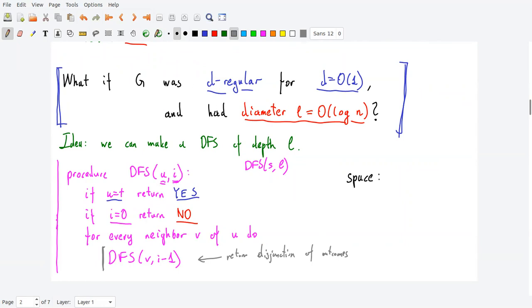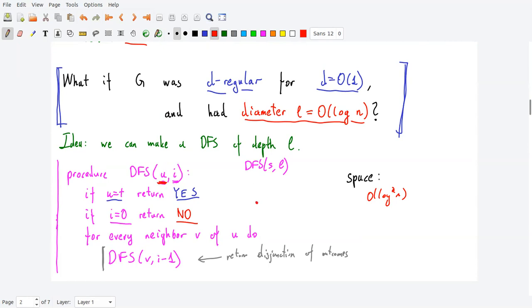This is the most natural way of writing a DFS. So what is the space complexity of this DFS? If you write it like this, the space complexity will actually be order of log squared n. Why? Because it is a recursive algorithm, it applies consecutive recursive calls, and every recursive call gets the parameter being the vertex it is currently in.